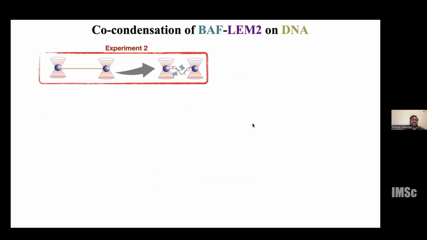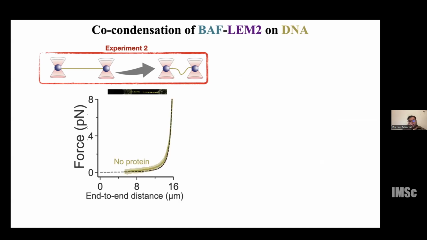So the second experiment that I'm going to do is we catch a single piece of DNA, give a slack to the system, and relax the system in the presence of different proteins, and we want to observe how the system evolves. Before I go forward, I want to tell you how the force distance profile looks in the case of naked DNA.